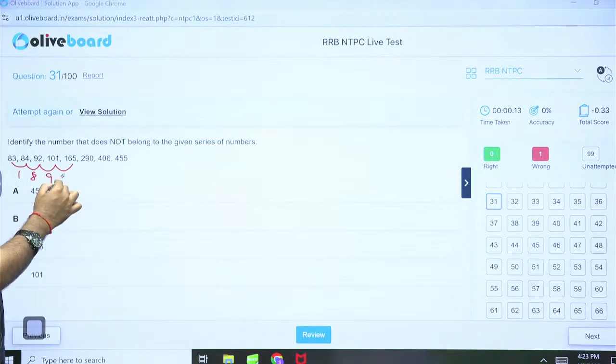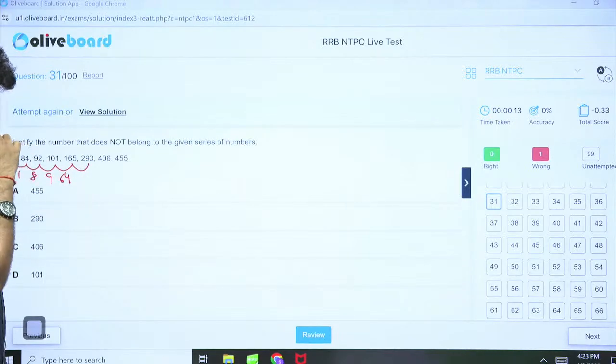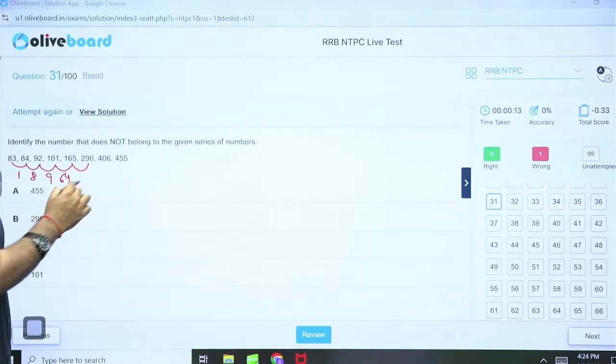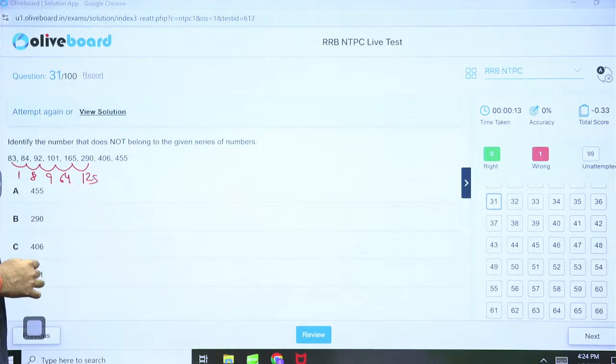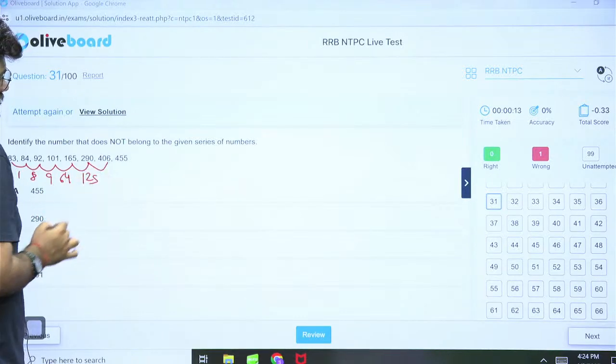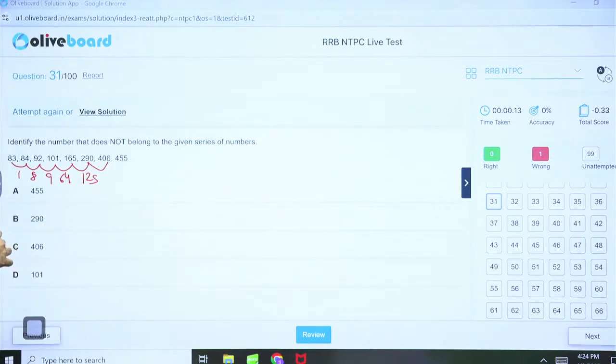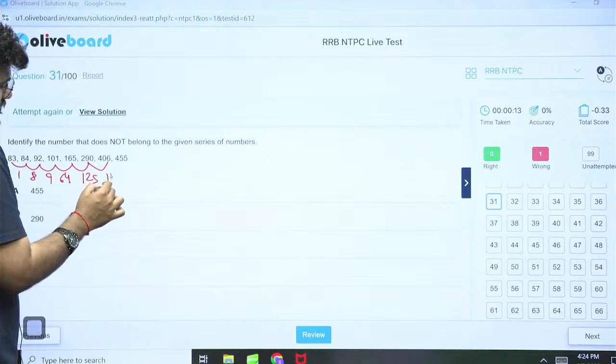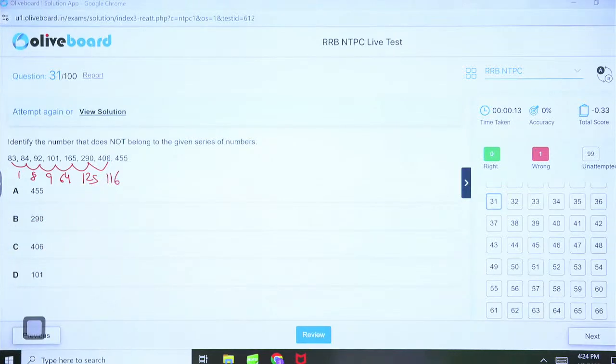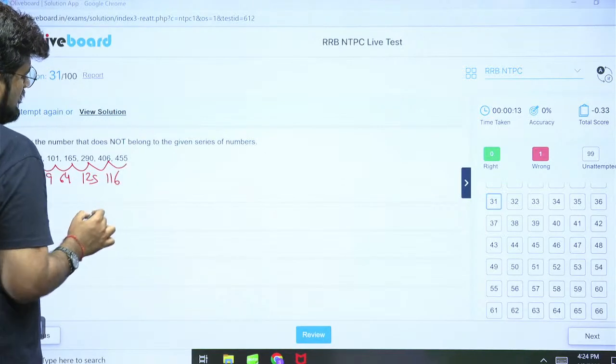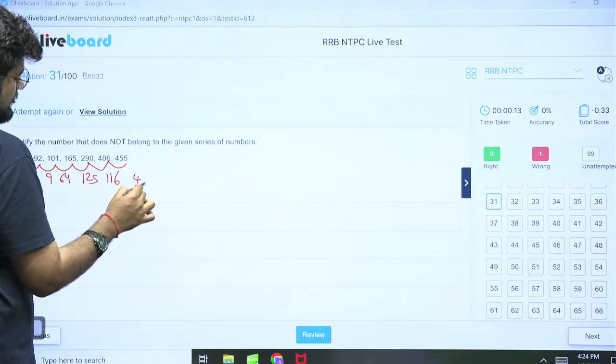This is 64. 70, 90, 30, 125. 10, 06, 116. And this here is 49.